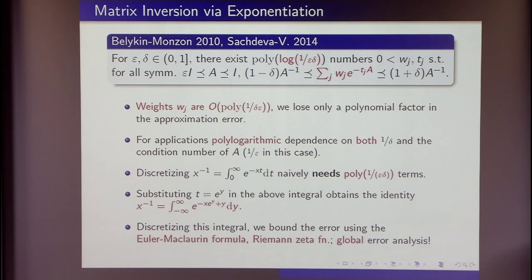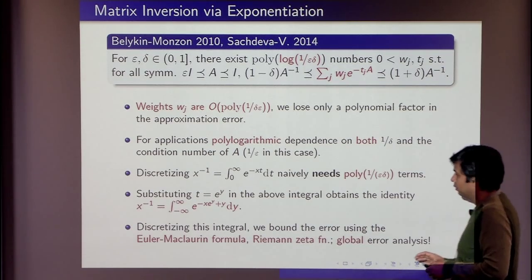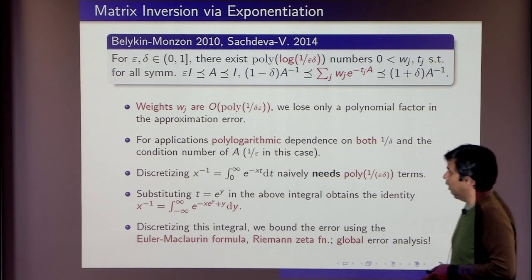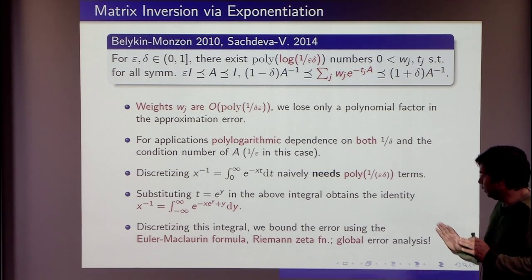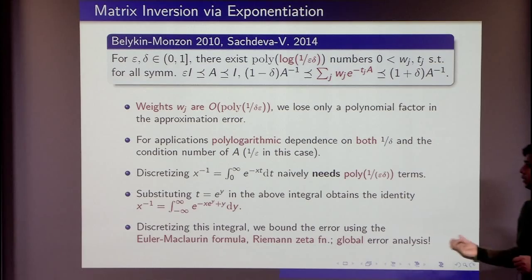And I would like to point out, for people who have never seen the Euler-Maclaurin formula and how it actually works, given that it was discovered maybe more than 150, 200 years ago, it's really one of the only methods I know which does a global error analysis.